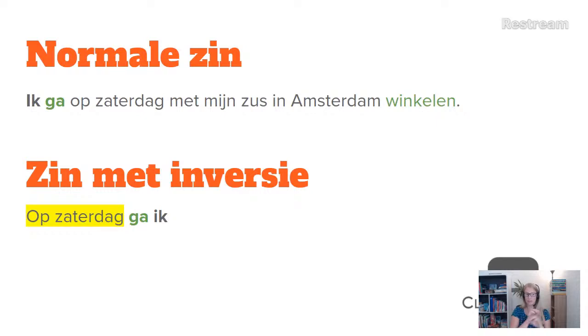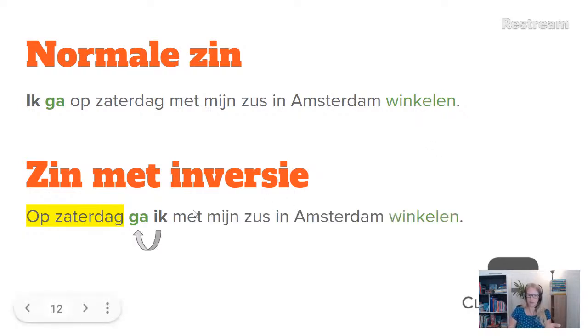So in the normal sentence you say I go, but if you decide to start with something else than the subject, any rest item, then you'll have to invert and put ga before ik. The verb, the first verb before the subject. So the rest of the sentence stays the same.